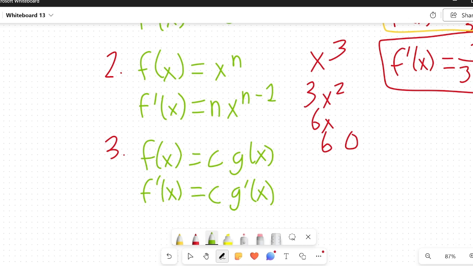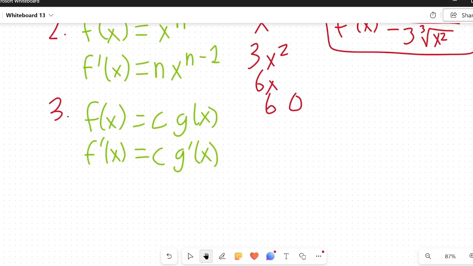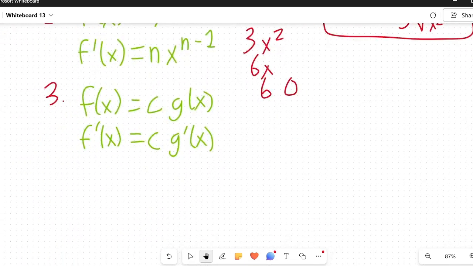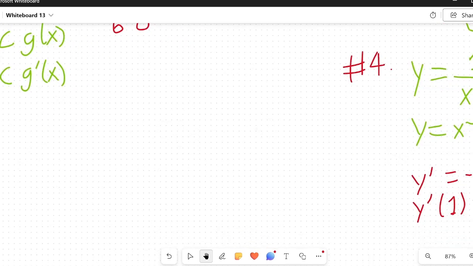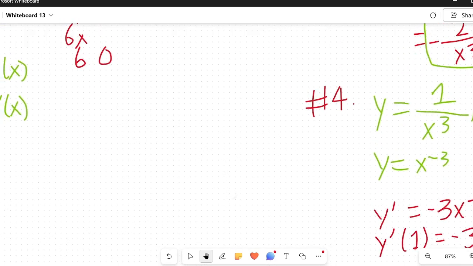And all this means is essentially that a constant multiple won't matter.